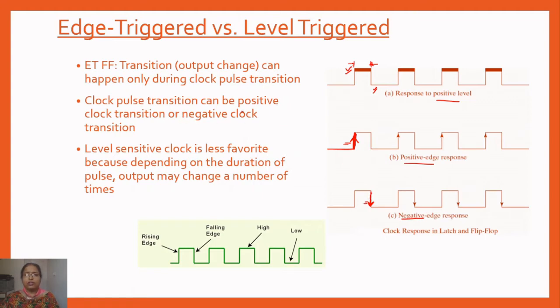So clock pulse transition can be positive transition or negative transition. Similarly, level sensitive can be positive level sensitive or negative level sensitive. It is less favored because, depending upon the duration of the pulse, the output may change a number of times during that level. Right.